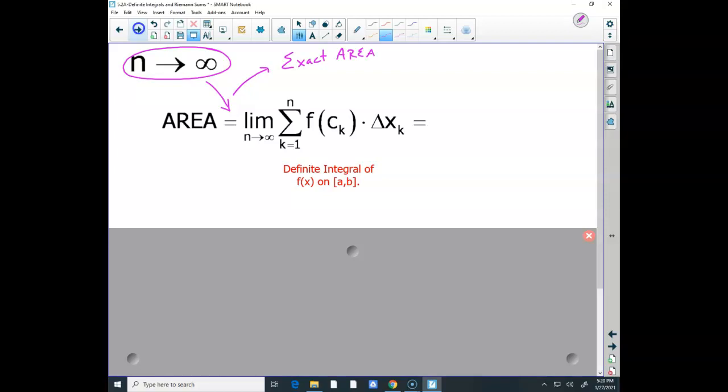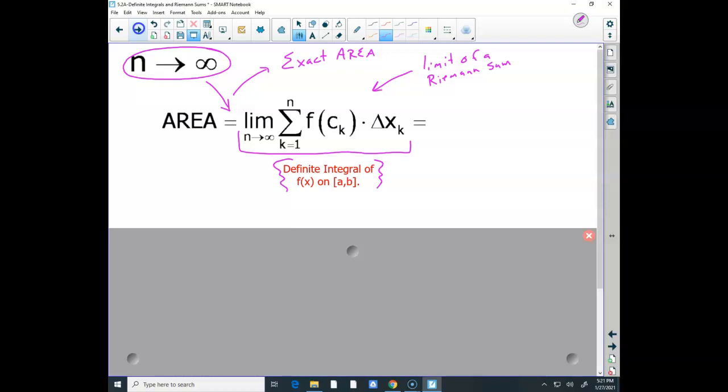It was no longer an approximation. And as soon as we took this limit, okay, this is called the limit of a Riemann sum. I spell that Riemann. I spell it wrong every time. R-I-E-M-A-N-N.